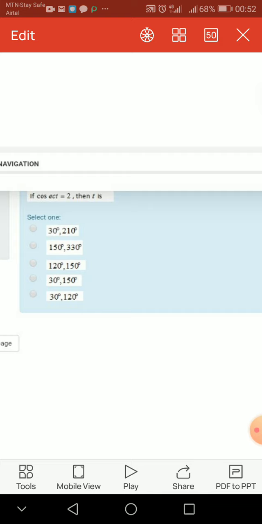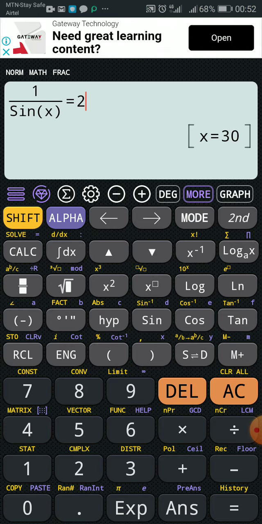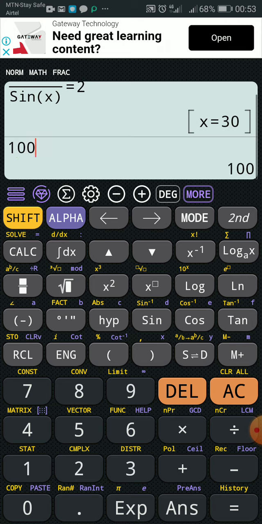Now, somebody would wonder, how would you know the second value? I can't show you that here, but you can, with your calculator, if you want to get a second value, let me see if it's going to work here. You can still press shift calc. It's not showing me anything. Shift calc, then press a higher value, maybe let's say 100 based on the option, then press equal to.